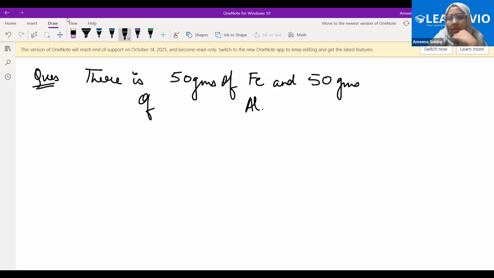Since the weight is the same, do they have the same number of particles? Do they have the same number of atoms, both of them?